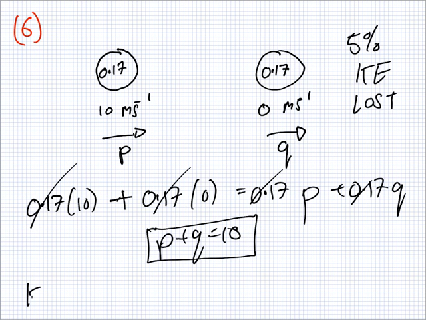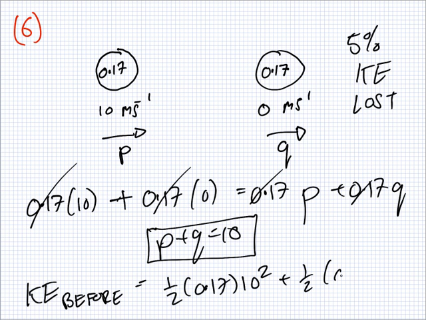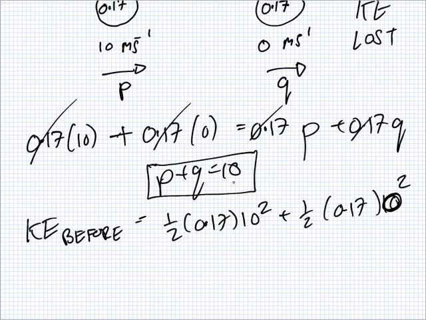Now, let's have a look at the energy. What is the energy before the collision? That will be a half m v squared plus a half m v0 squared. What's that? 100 times 100... 8.5. Thank you. 8.5 joules. That's the kinetic energy before.